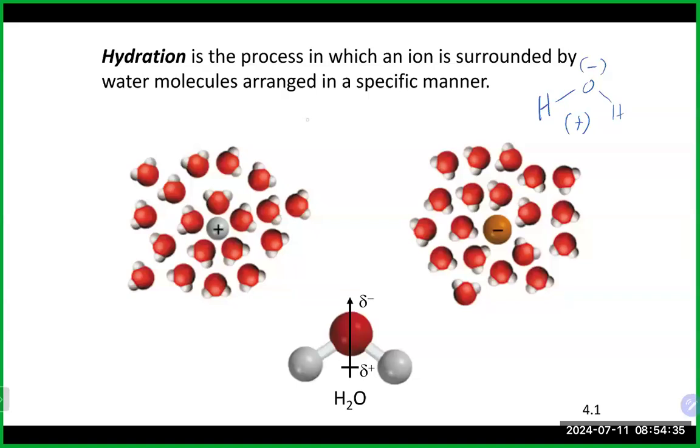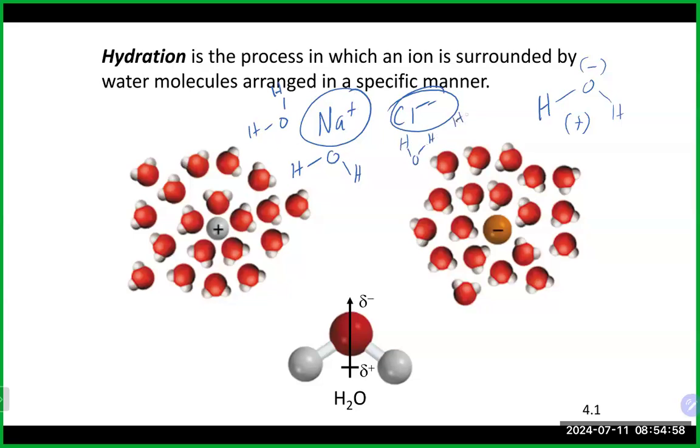So if you took something like sodium chloride, which is basically sodium ions and chloride ions, the positive sodium ion will get surrounded by the negative side of water, which is the oxygen side. The same thing will happen with our chloride, but because chloride is negative, it would get surrounded by the positive side of water, which is the hydrogen side.